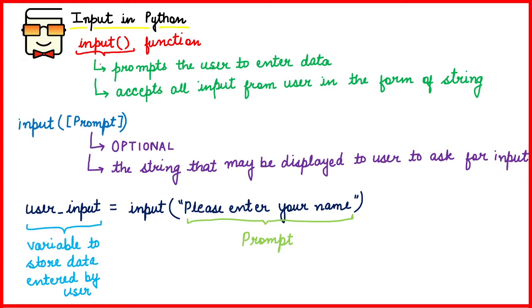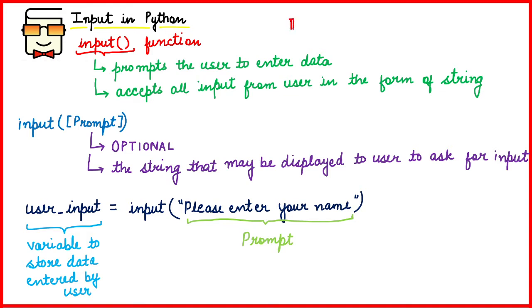Whenever you have to take any kind of input from the user, you have to ask the user for a particular kind of input that is required in your program, or any information that you need. Then you use this input function, and it provides a cursor on the screen.